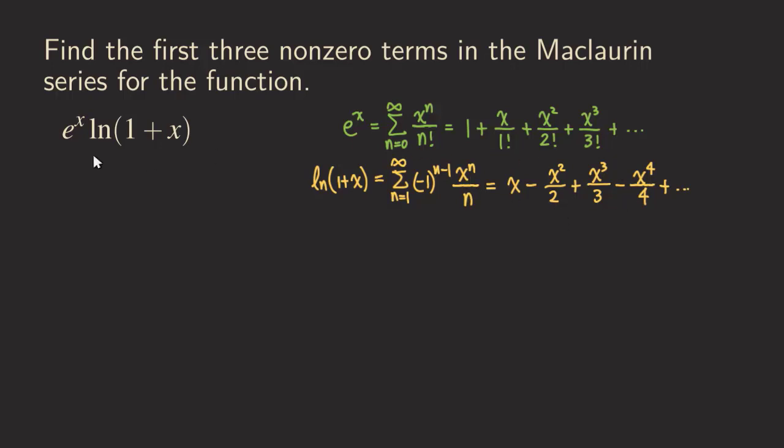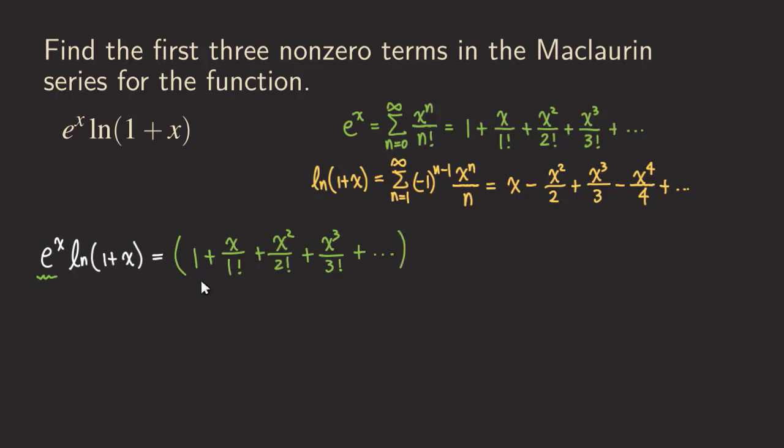What we need to do is replace the functions by using those. So we are going to start by writing e to the x and then ln of 1 plus x. For the first one, we can start writing down the series: 1 plus x over 1 factorial plus x squared over 2 factorial plus x cubed over 3 factorial and so on.